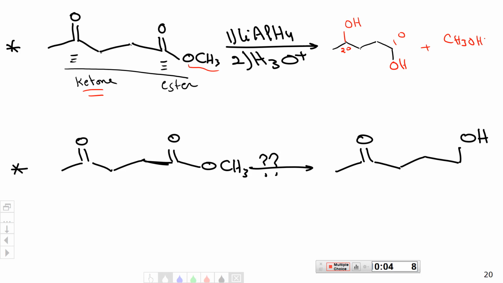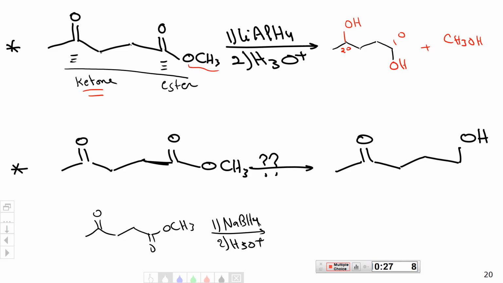Okay. Now, what if I'm just going to take it one step further? What if I added sodium borohydride instead of lithium aluminum hydride? Sodium borohydride, we said it is specific.